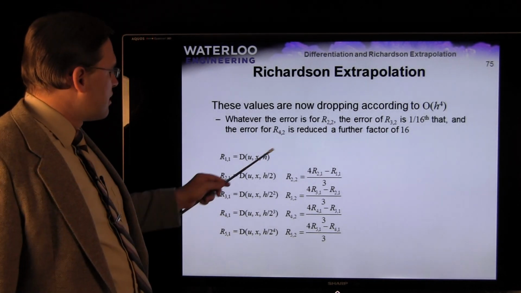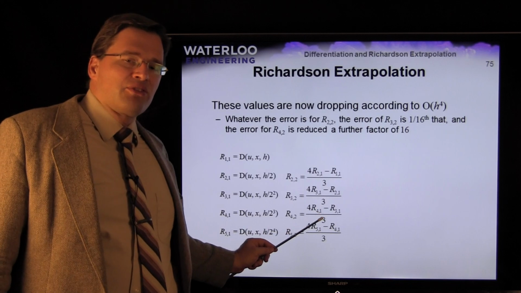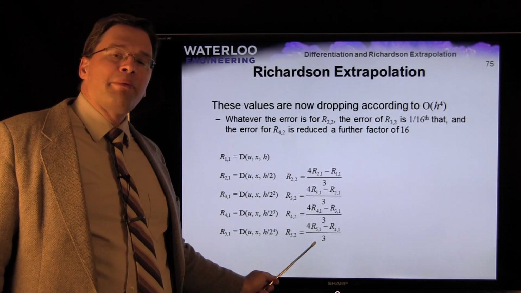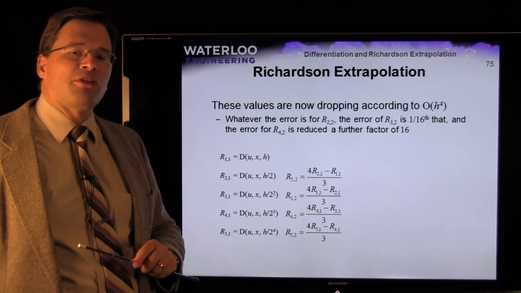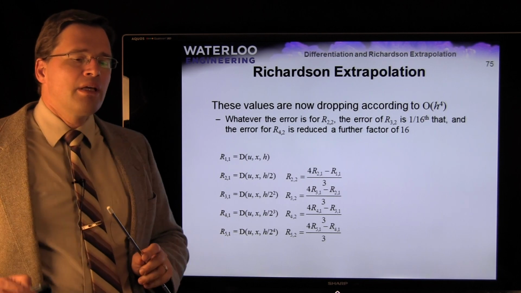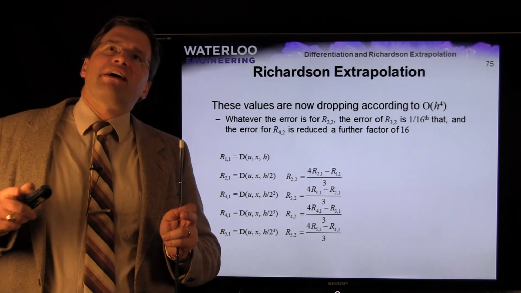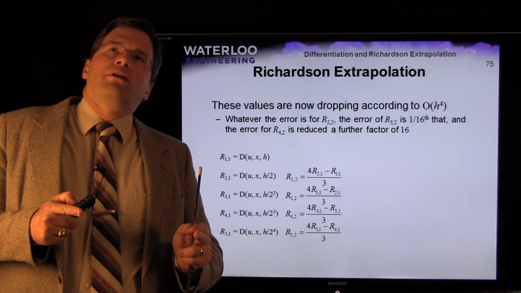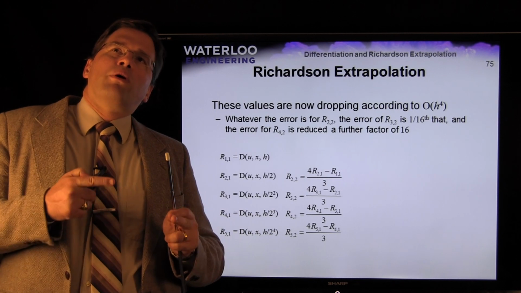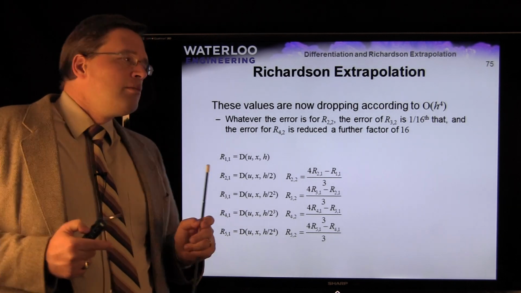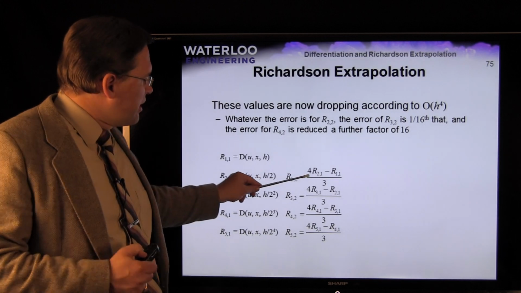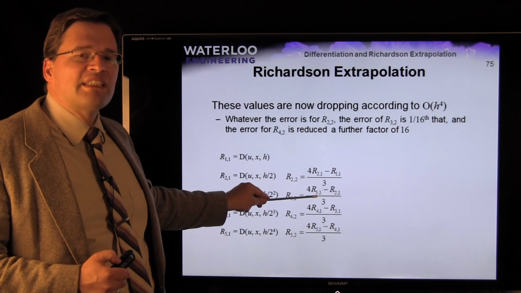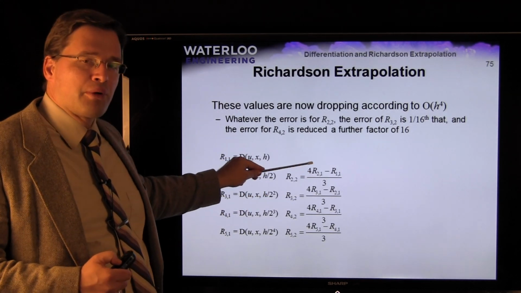Now, for the center divided difference formula, all of these are dropping by a factor of h to the 4th. So if they're dropping by a factor of h to the 4th, that's 1 over 16. So the error here is 1/16 the error here, approximately.